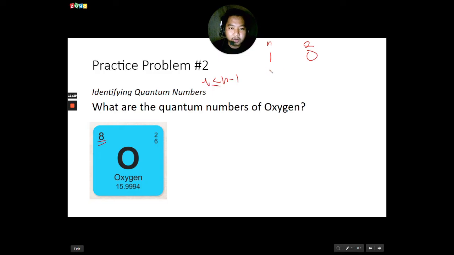If n is 1, you only have 0 for L. If n is 2, that would be 2 minus 1, so L is 0, 1. For n is 3, L is 0, 1, 2. For 4, it's 0, 1, 2, 3.